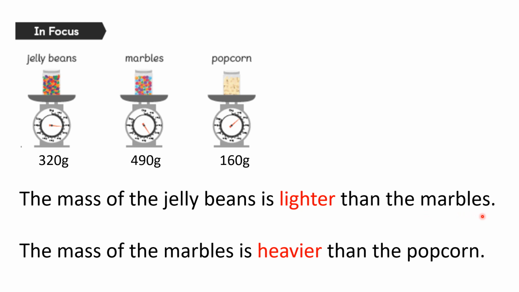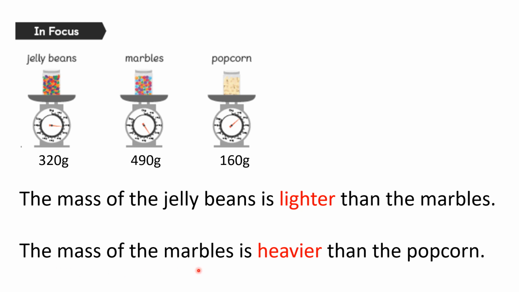And I knew that because the mass of the jelly beans is 320 grams, and the mass of the marbles is 490 grams. So I know that 320 is a smaller number than 490. Therefore, they are lighter.